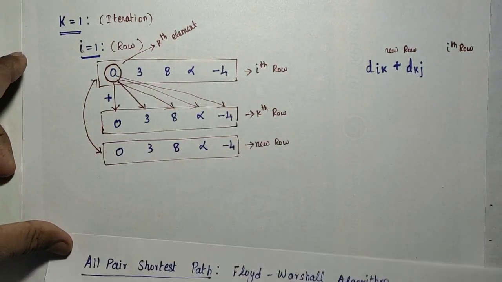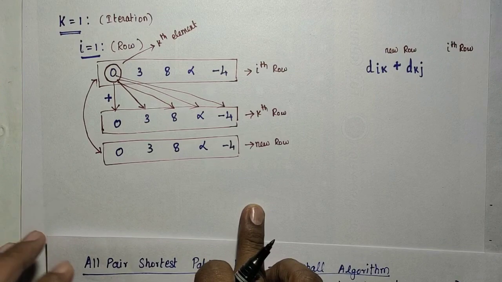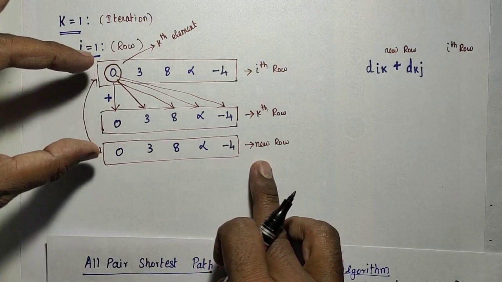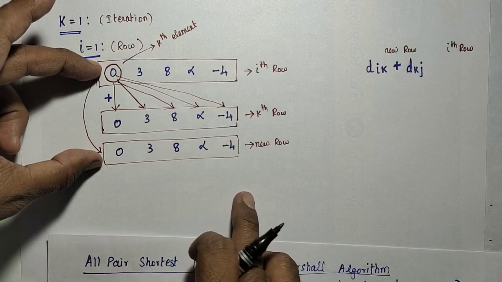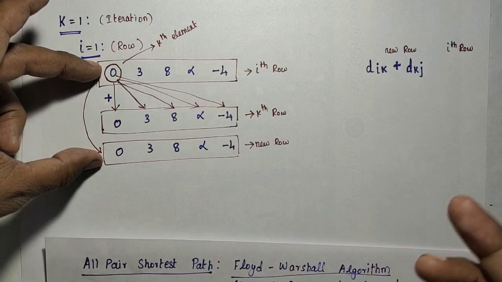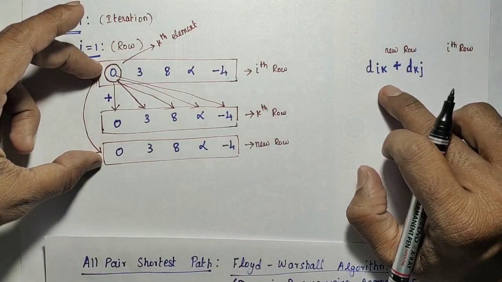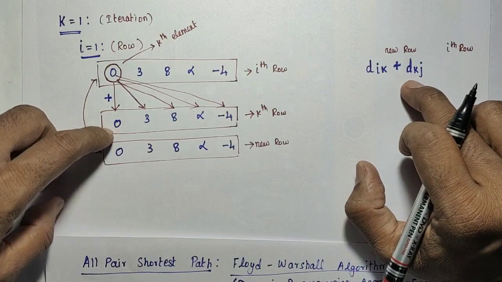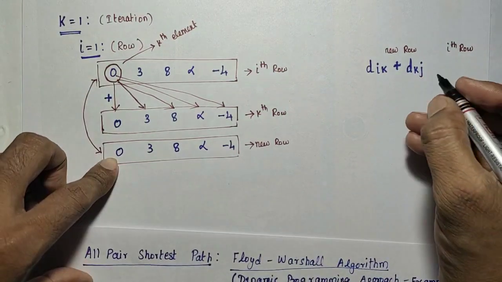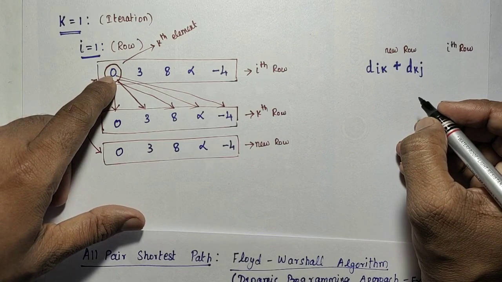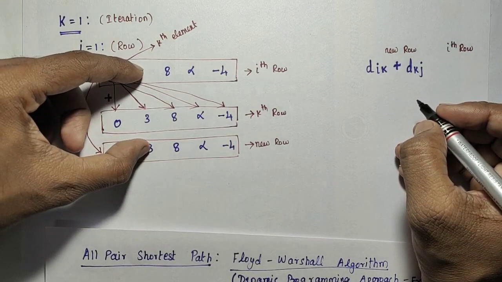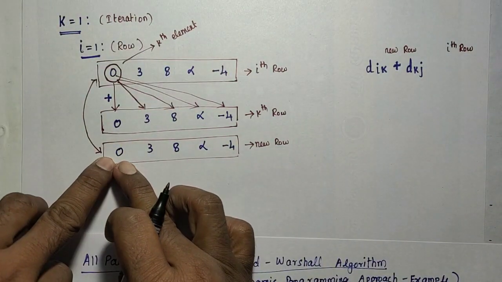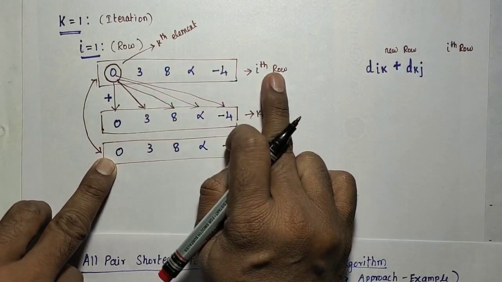Based on that, the new ith row will be generated. The ith row element is ik, that is 0, plus kj, this one, and that we will get. This is going to be compared with the same element of the ith row: 0 and 0, 3 and 3, 8 and 8, infinity. If the new row element is less than the existing ith row element, there we need that updation.